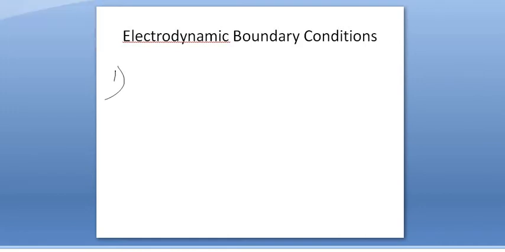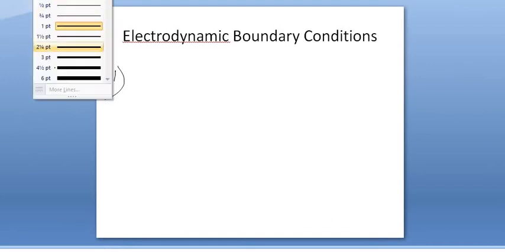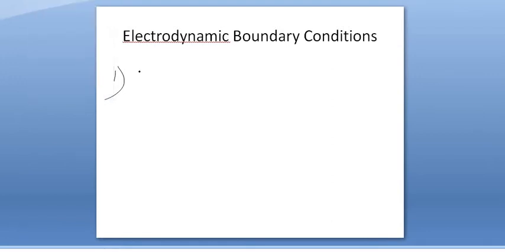The first boundary condition, in the perpendicular direction, is epsilon 1 E1 perpendicular equal to epsilon 2 E2 perpendicular.